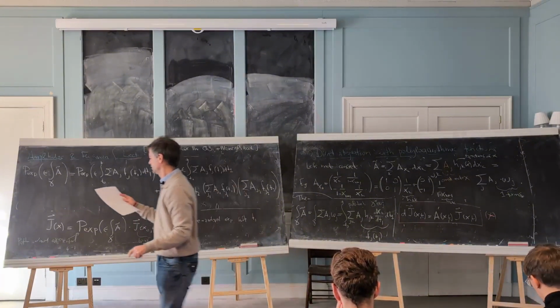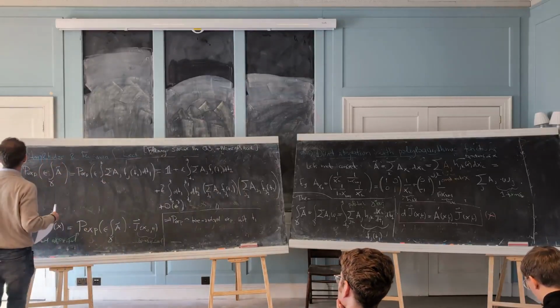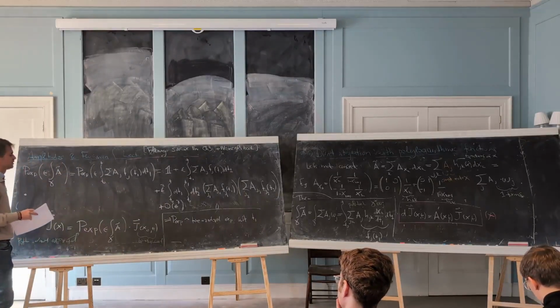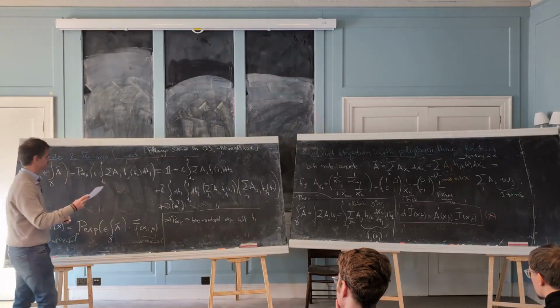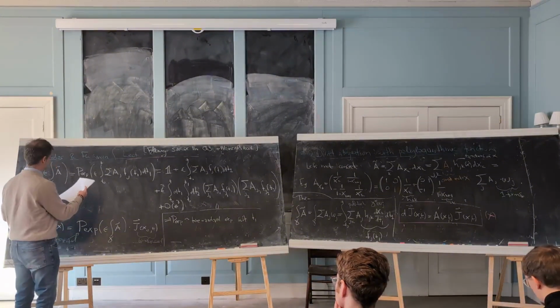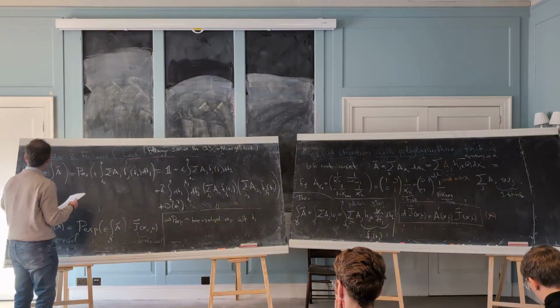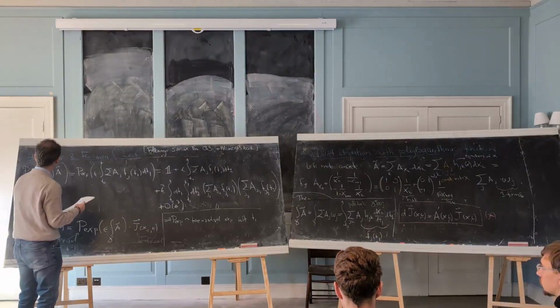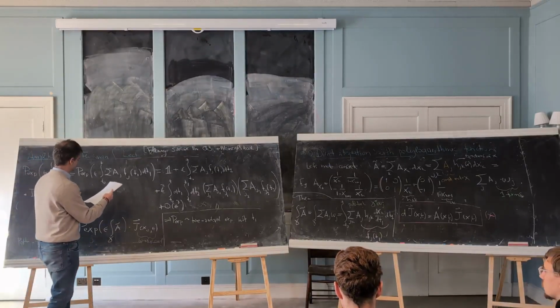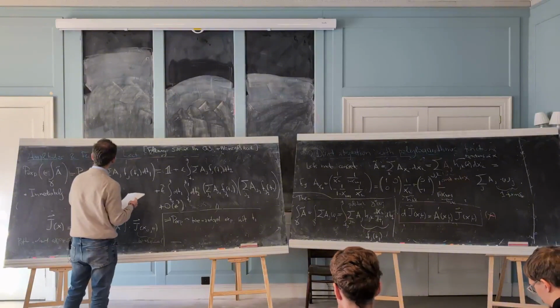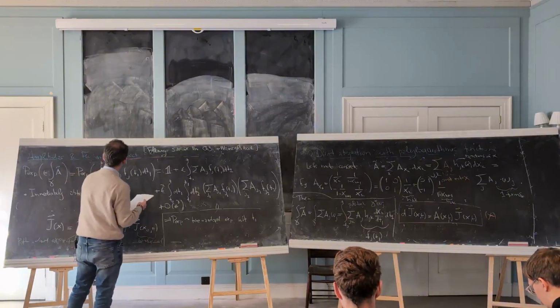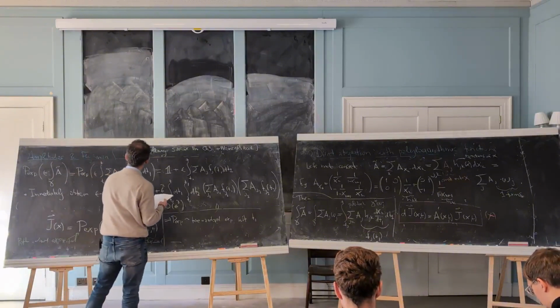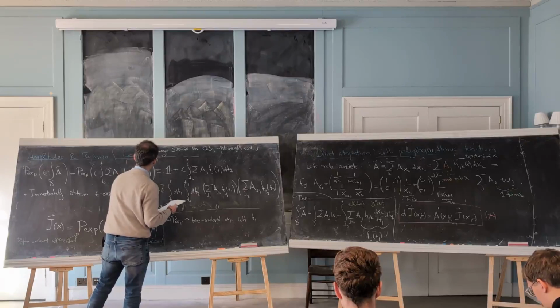And let's make some observations. So the first thing is that from this epsilon factorized form of the differential equations, you immediately obtain the epsilon expansion of the integral basis.